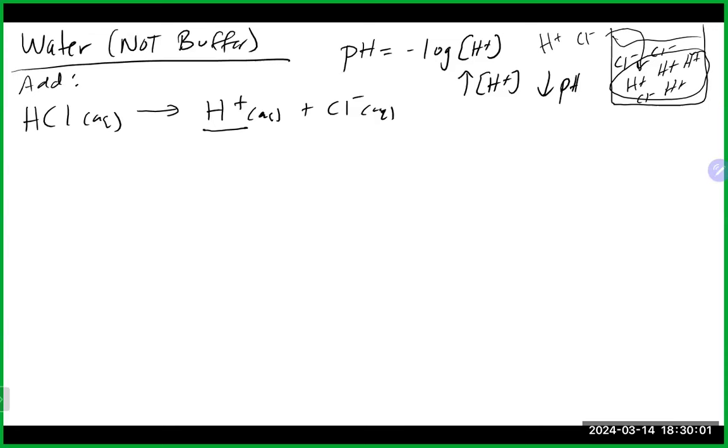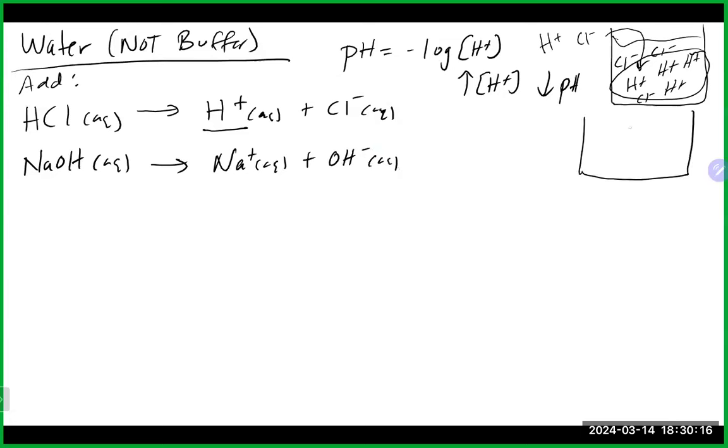Now, if I added, say, sodium hydroxide here to water, which again is not a buffer either, that will break apart into Na plus and OH minus in that water. So the same idea here, if I had my beaker of water and I throw my sodium hydroxide in there, it's basically a source of these two ions.